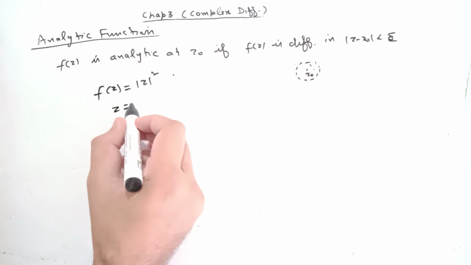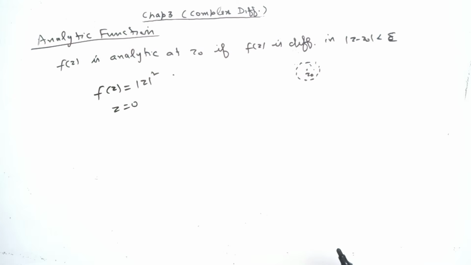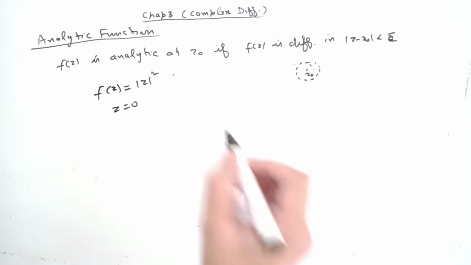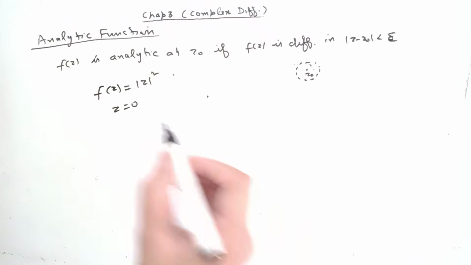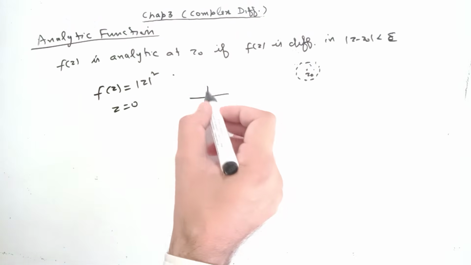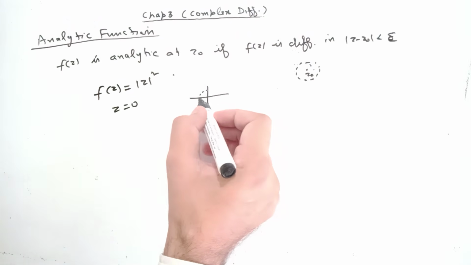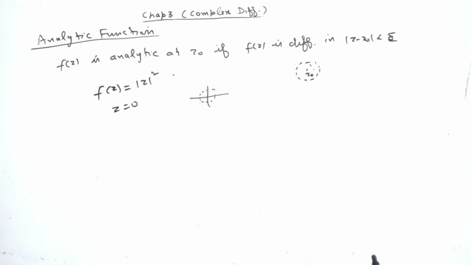At z equal to 0, it's differentiable. But it is not analytic at z0 because this function is not differentiable anywhere except this point. So you cannot find a neighborhood of 0 in which the function is differentiable. So differentiability in the neighborhood of the point means the function is analytic at that point.